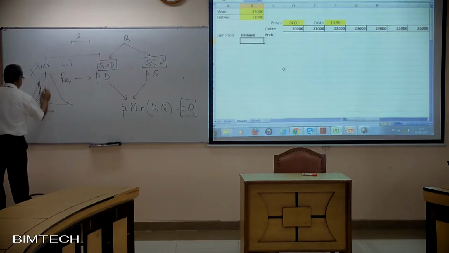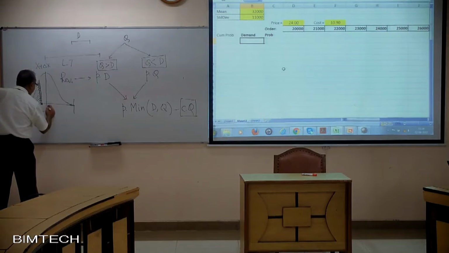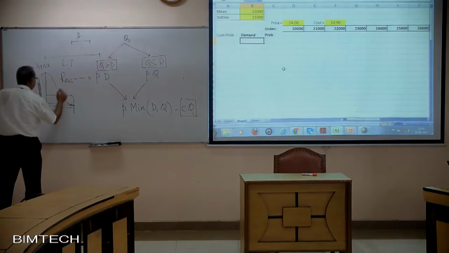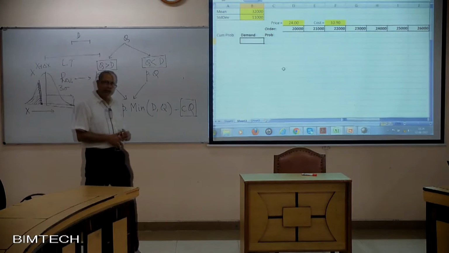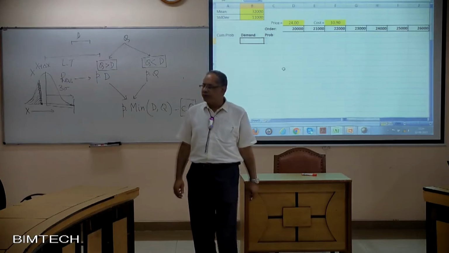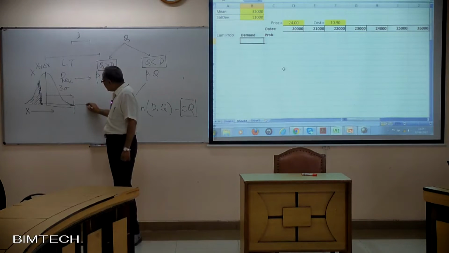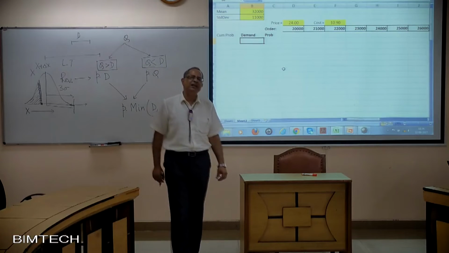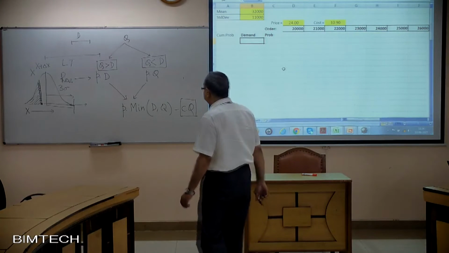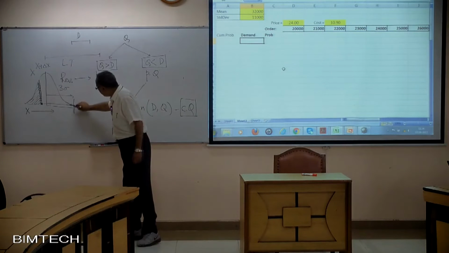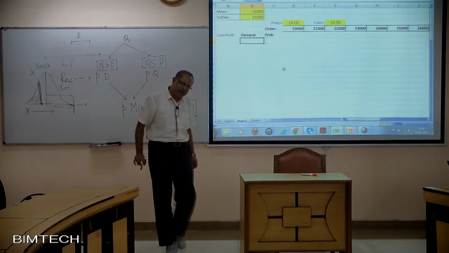And what we know is that this is the mean value, and for the maximum value of demand, we could take a cut here with this length equal to 3 sigma. Okay, so demand mean plus 3 sigma is going to give me an upper bound, and we know that anything lying to the right has a very, very low probability, and therefore the probability of the actual demand exceeding this value is very small.